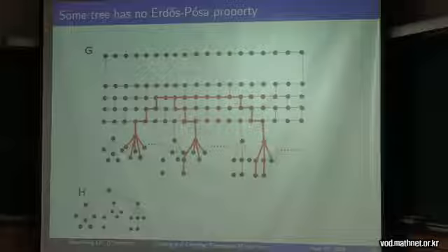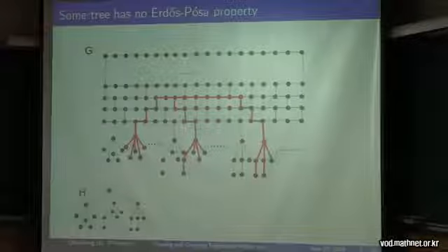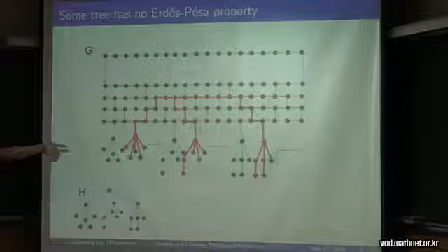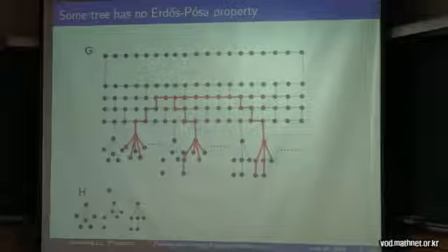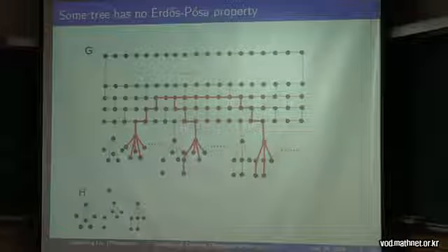Why? If I have an H topological minor, then let's see the branch vertex of this degree 6 vertex. The branch vertex of the degree 6 vertex should have degree at least 6. But the only degree 6 vertices in G are in the copies of the first tree. So the branch vertex in the first tree should also be in the copy of the first tree.